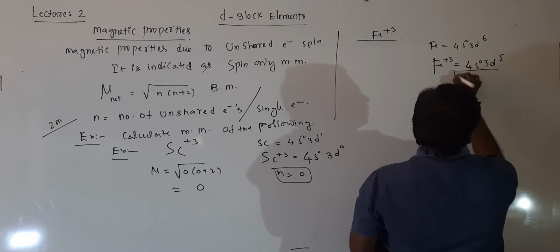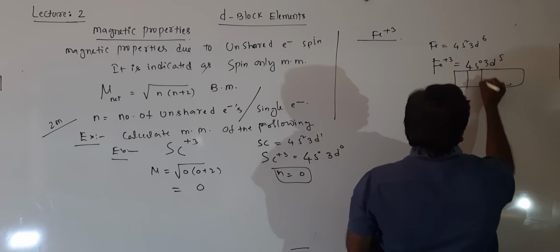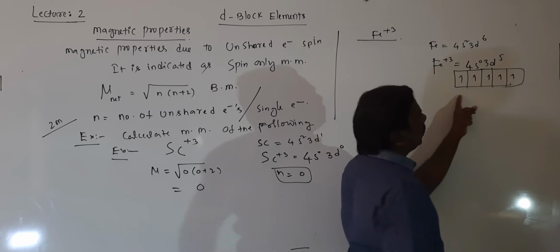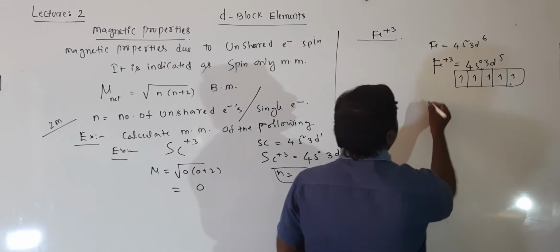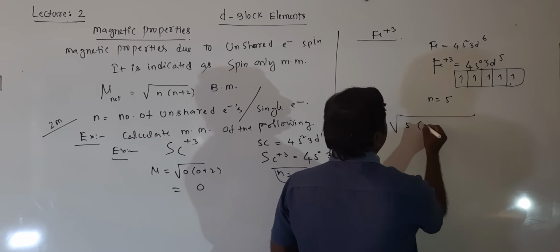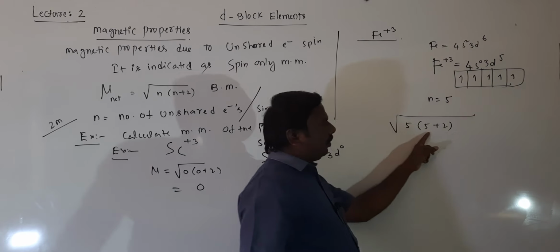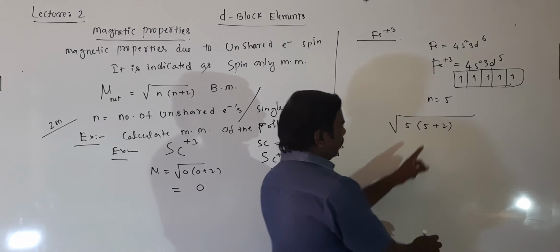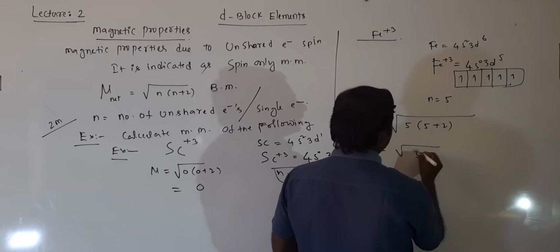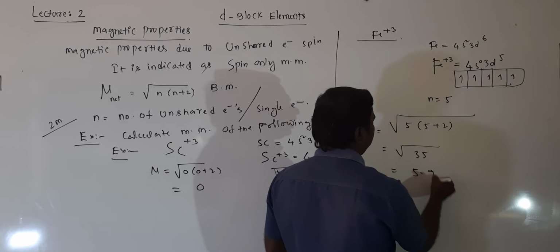D5 means totally 5 electrons, 1, 2, 3, 4, 5. These 5 are unpaired electrons, so n is equal to 5. Substitute in root n into n plus 2: 5 into 7 is 35. So root 35 is nothing but 5.9.